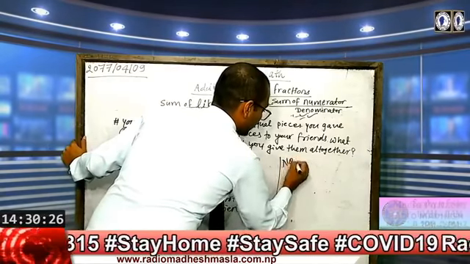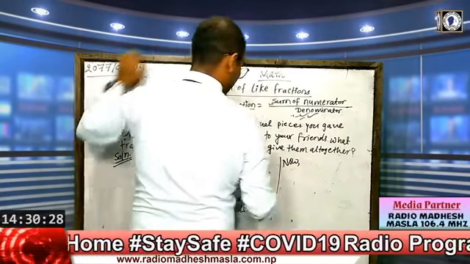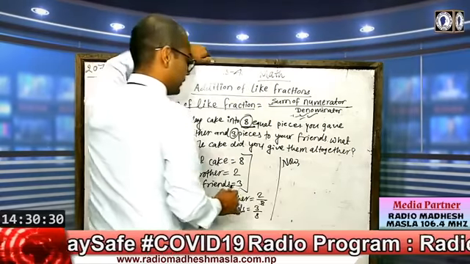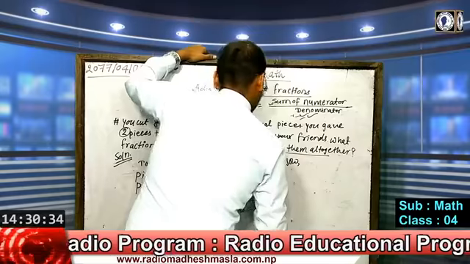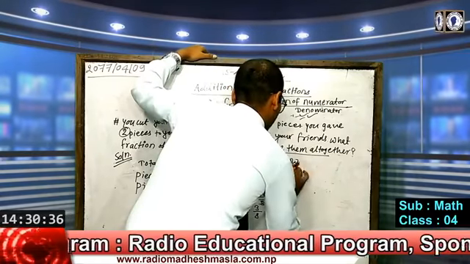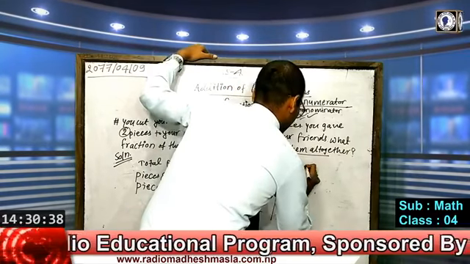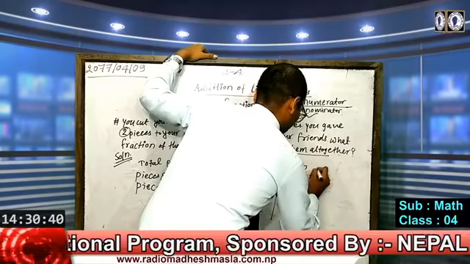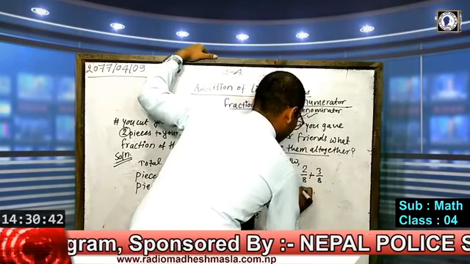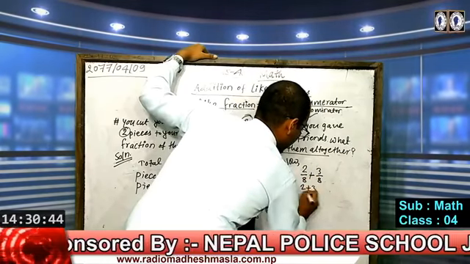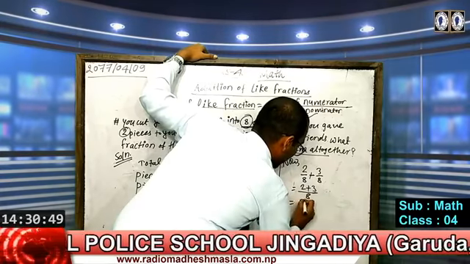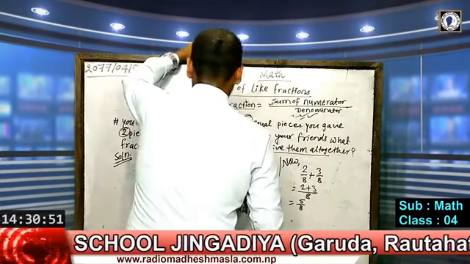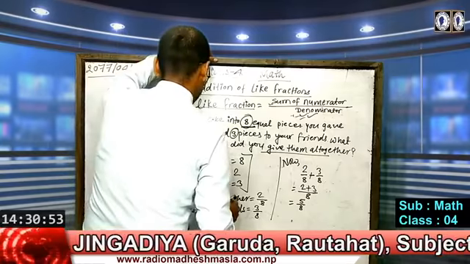Now we should find the total given, and for that we should add the fractions, so that is 2 by 8 plus 3 by 8. The numerators are added and the denominator stays the same. So 2 plus 3 is equal to 5 by 8, the fraction of the whole cake.